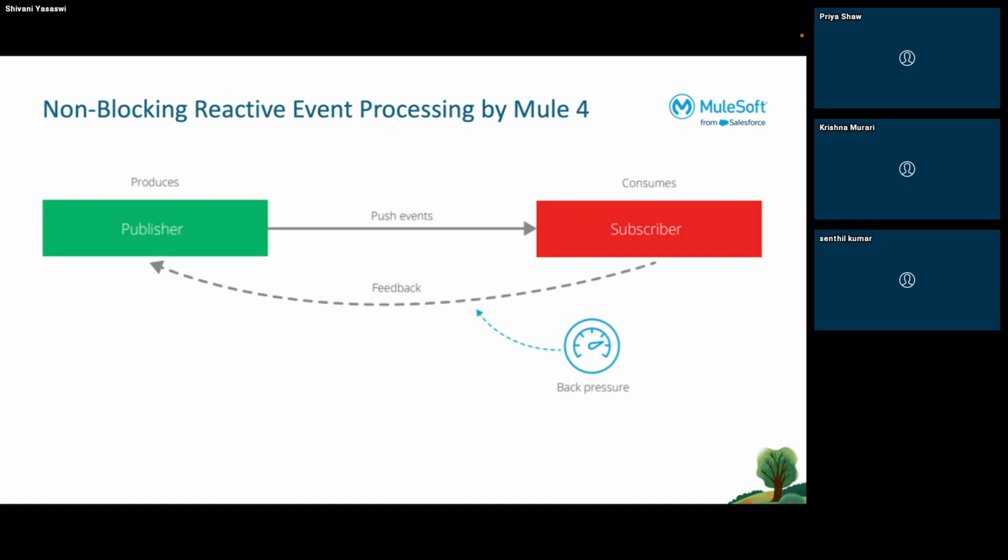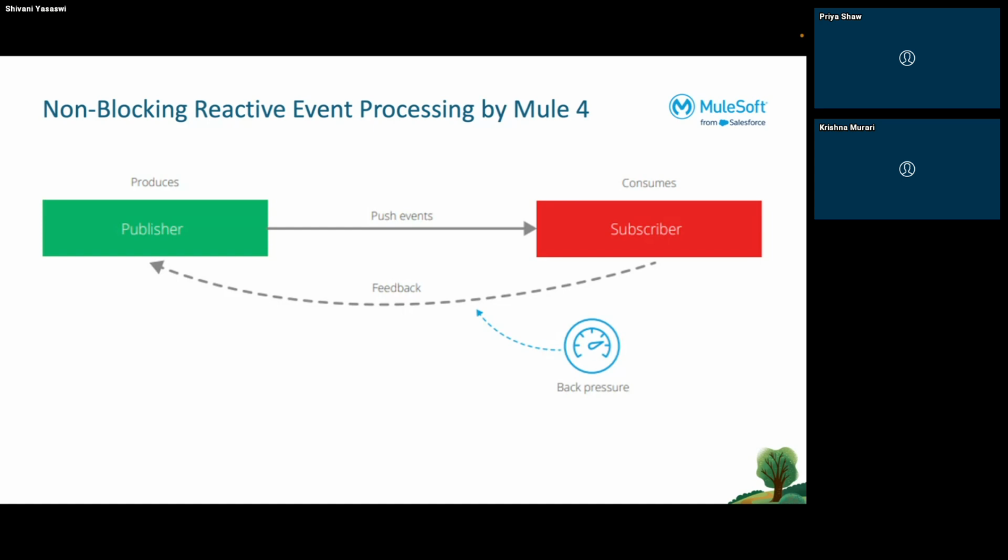That scheduler is also taken care of by the MuleSoft runtime. The scheduler will pick up threads from the thread pool, and make sure that the events that are published are consumed by the subscriber and processed.